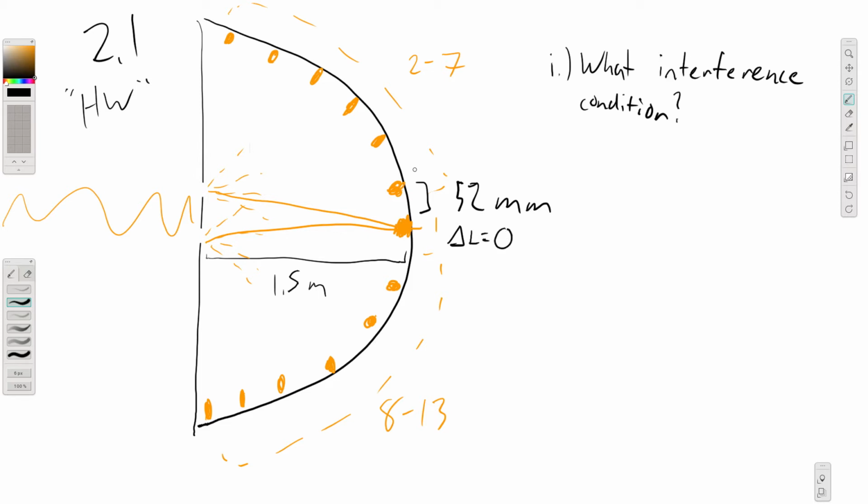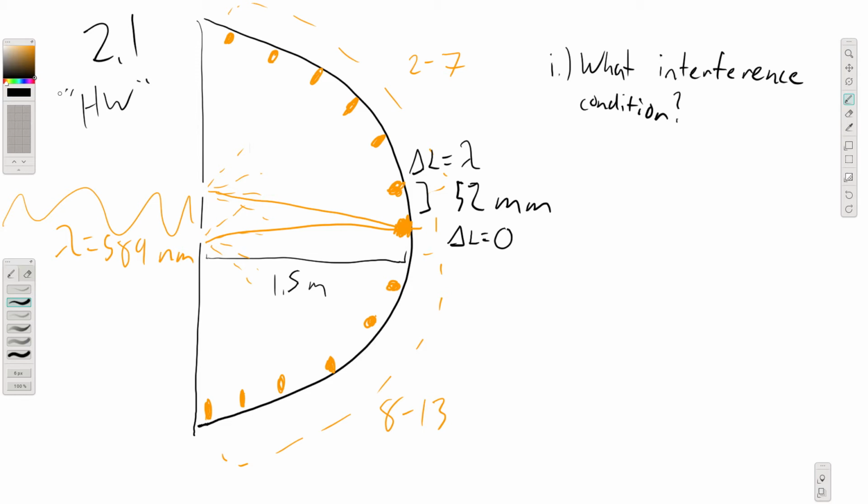Our second bright fringe corresponds to the first place where they've gone out of sync and then resynchronized after a full lambda, which is 589 nanometers.